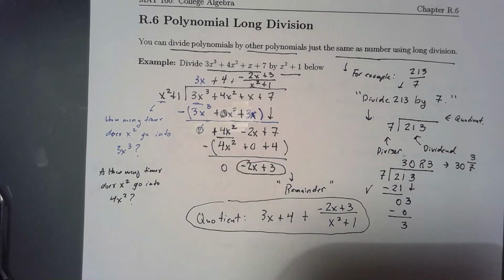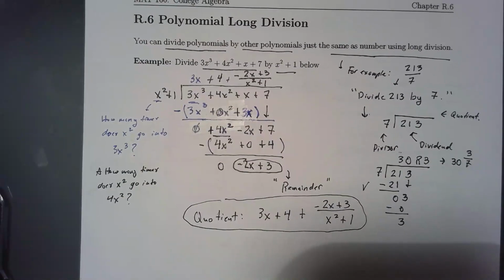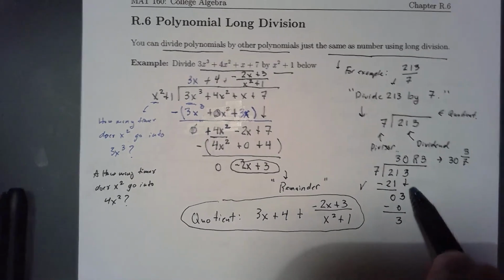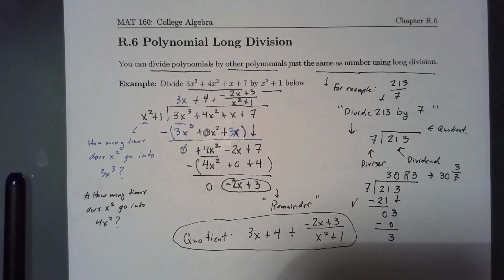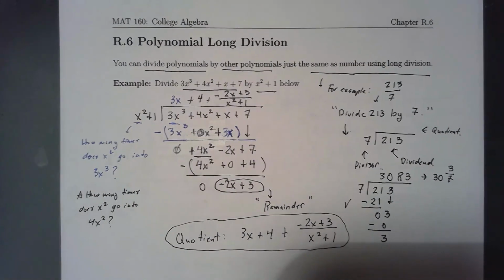But as long as you keep the powers aligned, you'll be okay. It's the same process as long division with numbers. It really is. So it's important that you master this, because this does show up a lot when we look at rational functions in a little bit more detail. So, that's the end of this video.